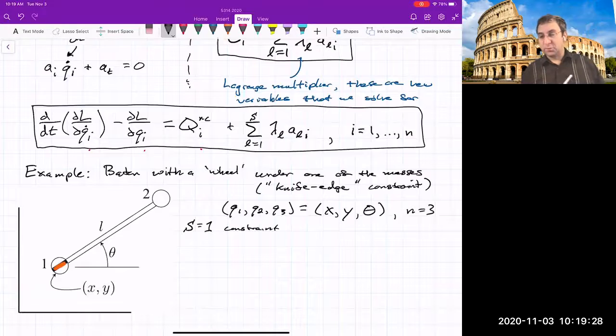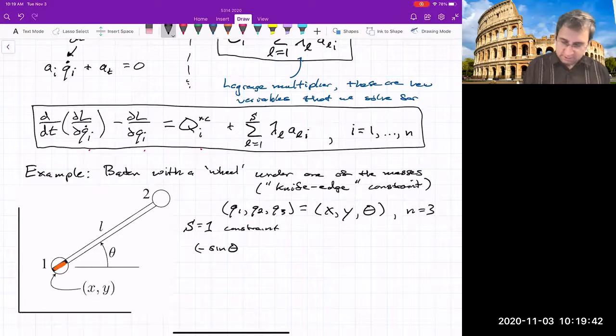And so the number of degrees of freedom is n minus s. So there's just 2 degrees of freedom here. That knife edge constraint, I think we've written it before. It ends up looking like this.